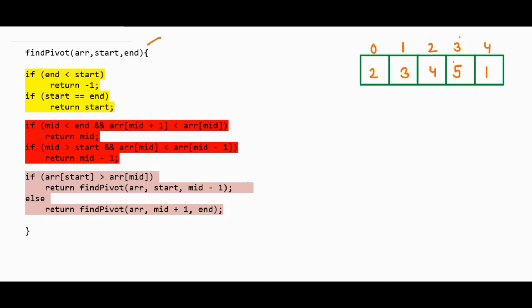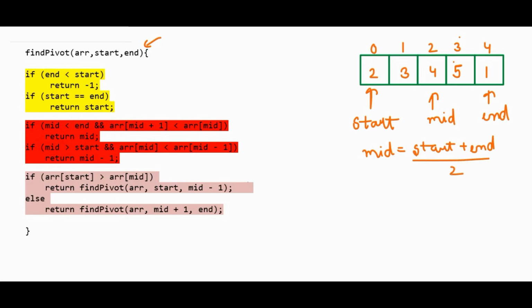So let's see this function, and we have our start and end. On the first and last position we have to find the mid now. So mid is equal to start plus end by 2, and we all know this by binary search. So 0 plus 4 by 2, which is equal to 2. So our mid is pointing to second position.